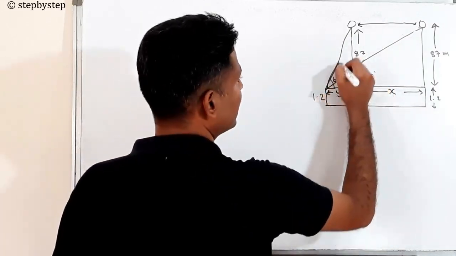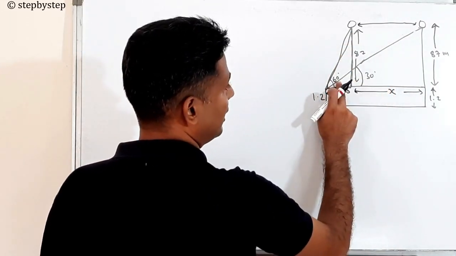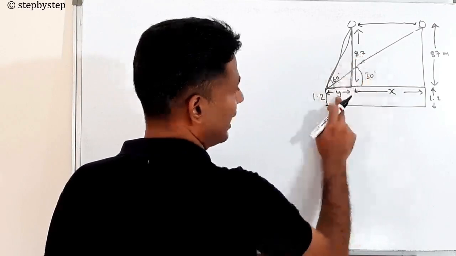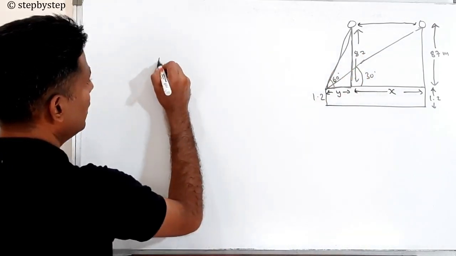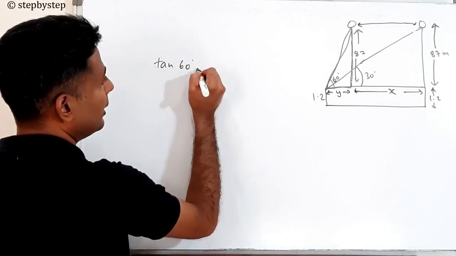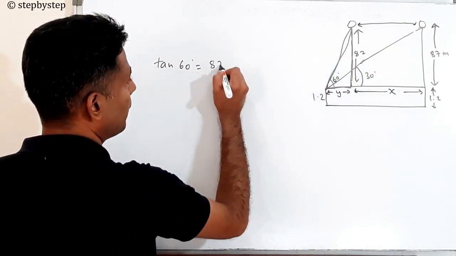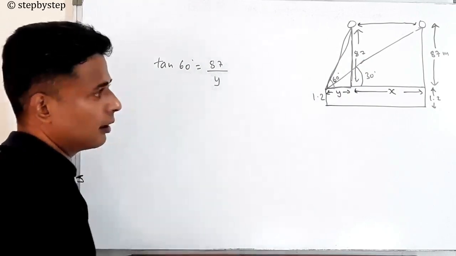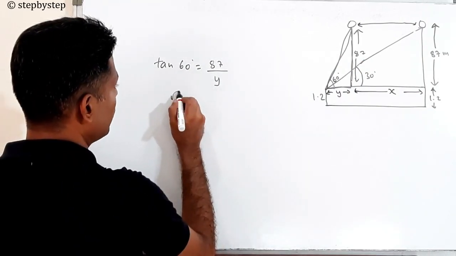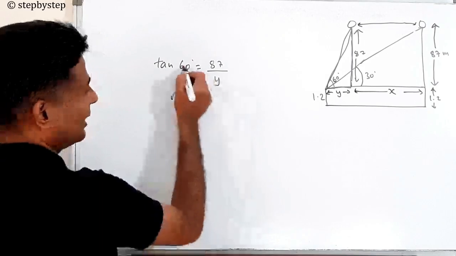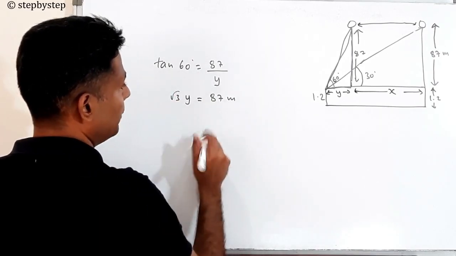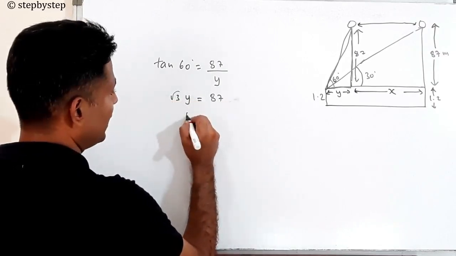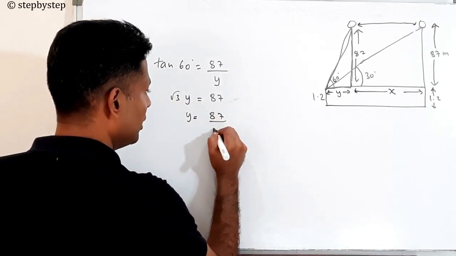So now considering this triangle, what do we have? Opposite and adjacent sides are involved, so tan 60 degrees equals opposite by adjacent, and we can find the value of y. Tan 60 is root 3. So when I transpose this y, it becomes root 3 into y equals 87 meters, which means y equals 87 by root 3.